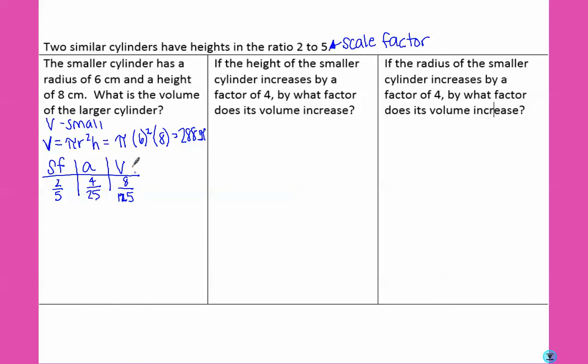Now that we know the ratio of our volumes, we can solve for the volume of the larger cylinder. We know that 8 over 125 would have to equal 288 pi over x. We're going to cross multiply, so 8x would equal 125 times 288.